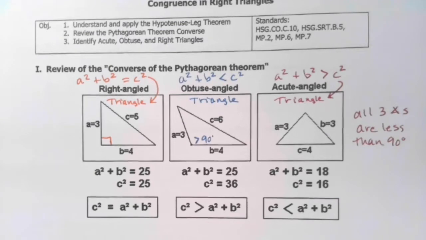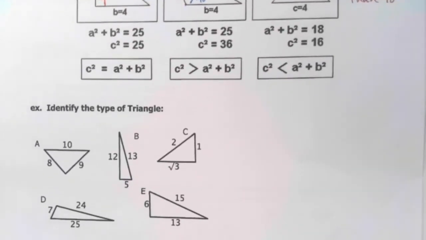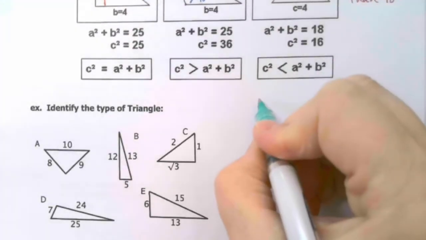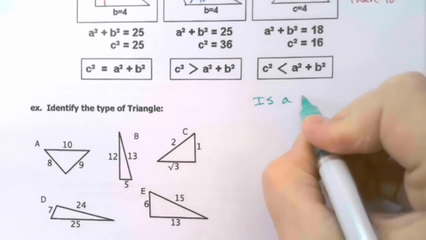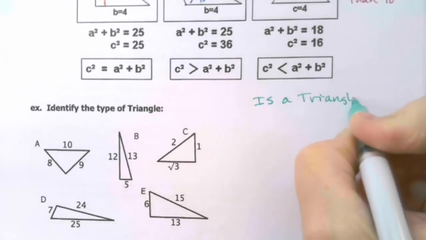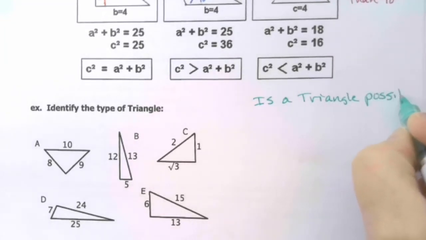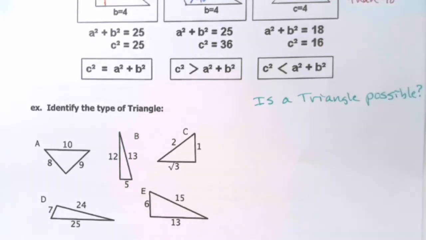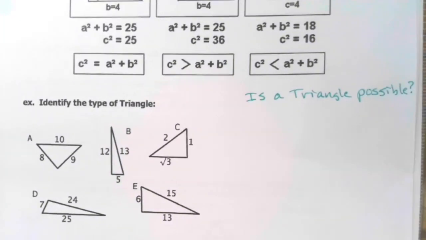But before we do, there's one more consideration, and that is, given sides, is a triangle possible? There are some side lengths that don't give you enough length to make a triangle. And so there's three situations you can run into for a triangle not being possible.